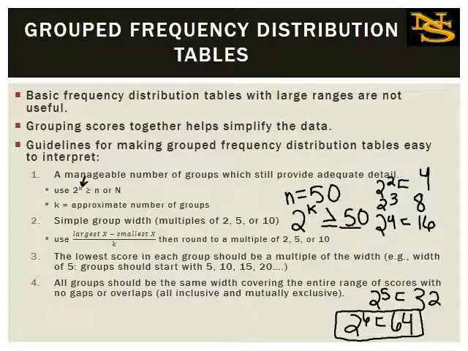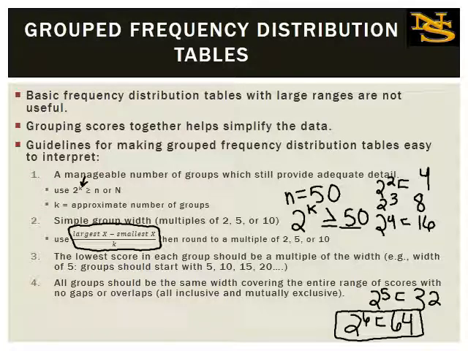So k would be the approximate number of groups. You just play with exponents of 2 until you get to the one that gets you just at or above your sample size. Then what you want to do is figure out the approximate group width. You would take the largest value in your data set minus the smallest value in your data set and divide it by k.